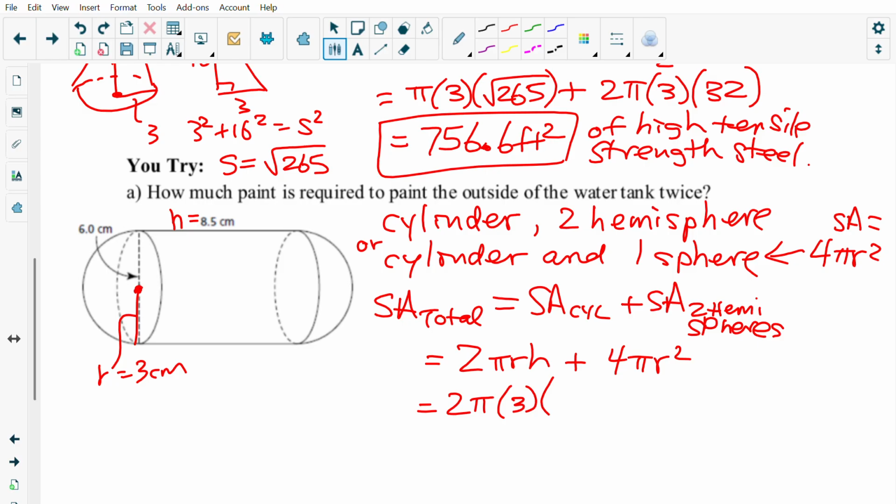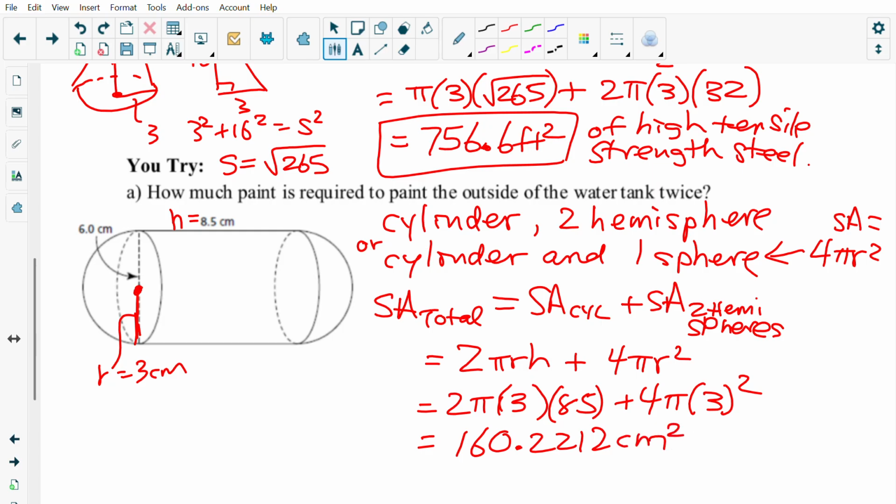My apologies. So the radius is 3 because the radius of the hemisphere is also the radius of the cylinder. And then the height is 8.5, plus the two hemispheres, which is 4 pi times the radius 3 squared.